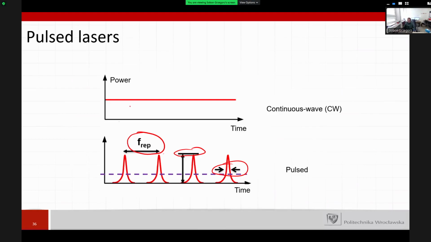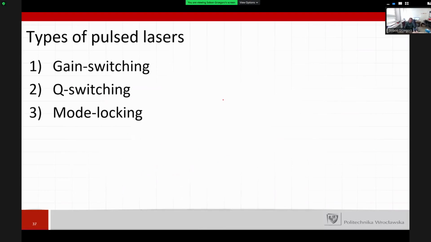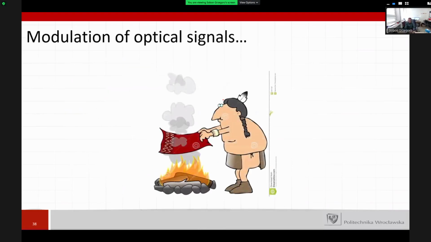And if you look at this image, you can already see that this is just a simple modulation of the amplitude of the signal. So an easiest way to make a laser pulsed would be just to take a modulator and make pulses out of it. This is actually possible, and the modulation of optical signals has a very long history.